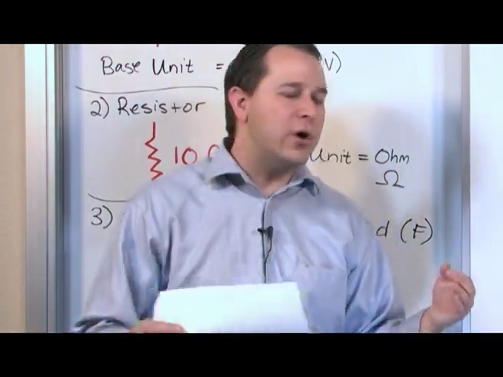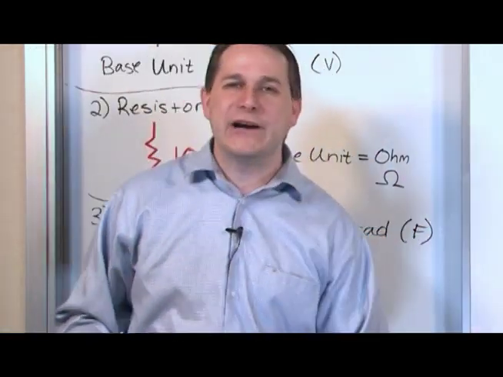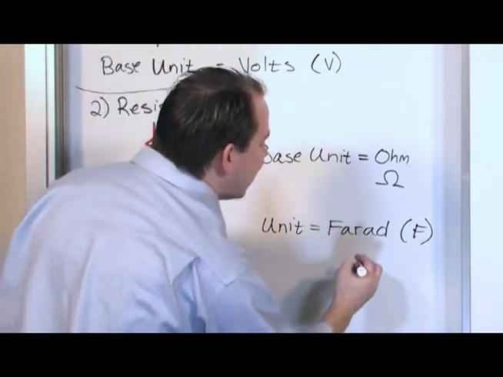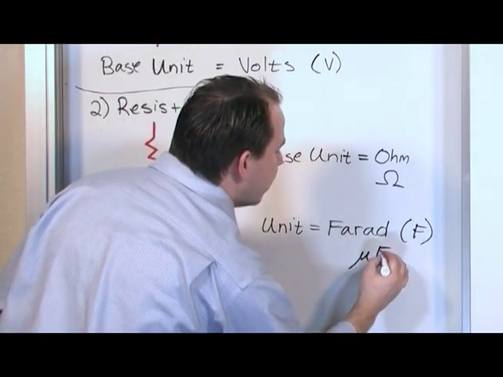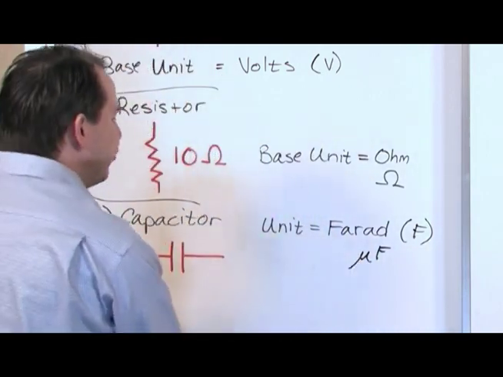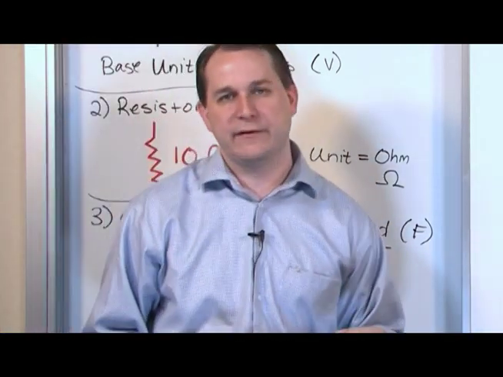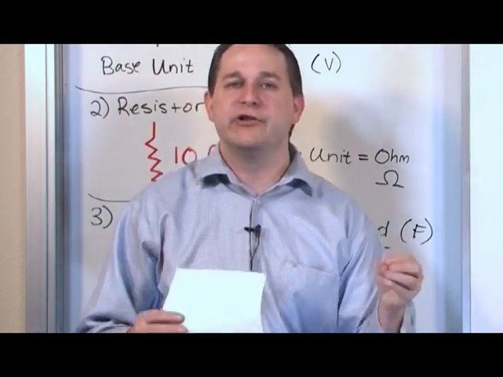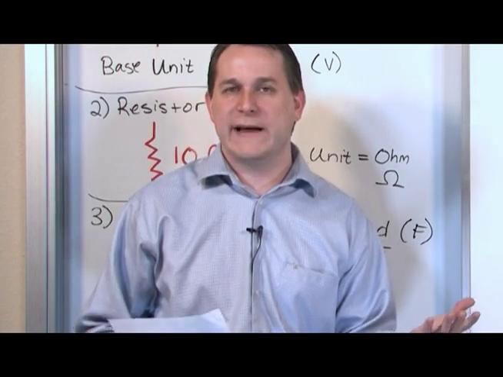So almost always you'll see microfarads or even millifarads maybe, but most of the time you'll see microfarads. So this is 1/1,000,000th of a farad. And so you might see a 2.4 microfarad capacitor or a 3.8 microfarad capacitor. And it's giving you a relative indication of how much energy can be stored in that capacitor.